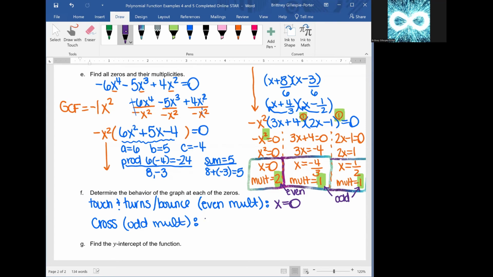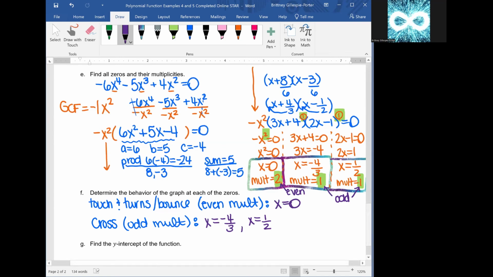That means that the graph is going to cross at both x equal to negative 4/3 and x equal to 1/2. Remember, you don't care whether the actual x value is even or odd. We care about the multiplicity, but we write down the x value.